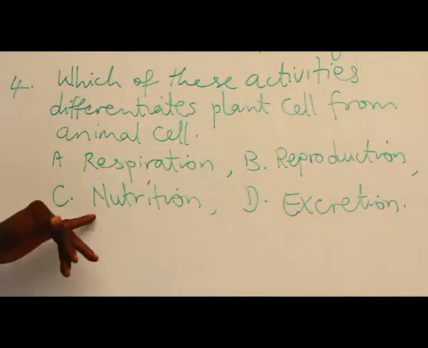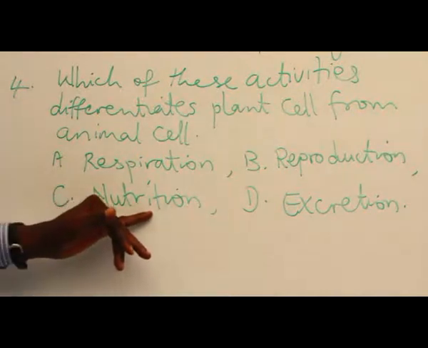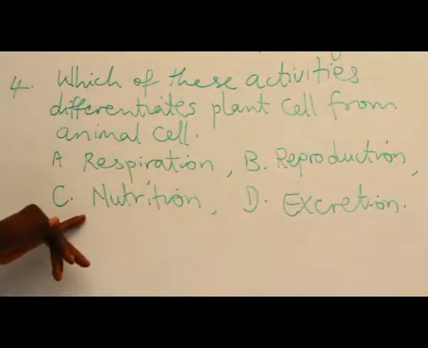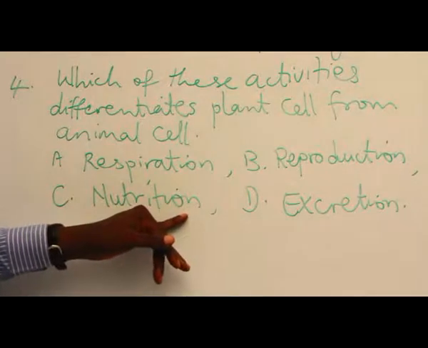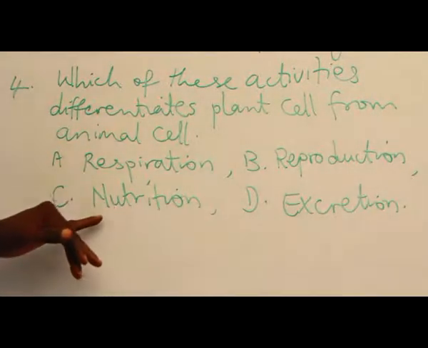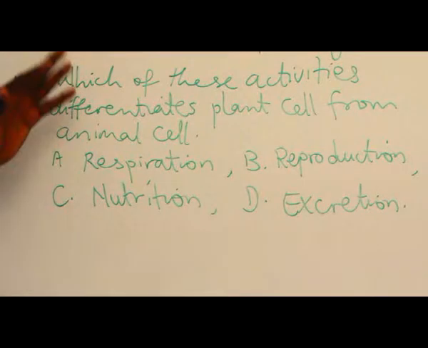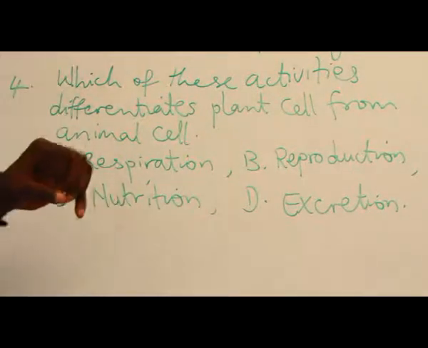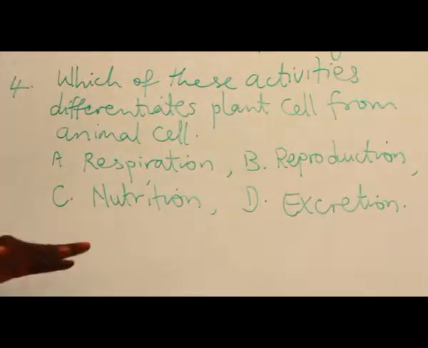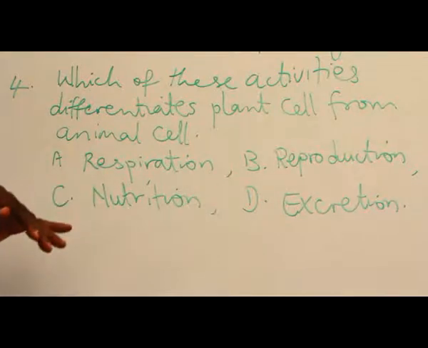Now, let's come to nutrition. Is there any difference between the way animals feed and the way plants feed? Answer is yes. Our focus here is a typical plant cell where we have chloroplast, which is used to manufacture food through photosynthesis.